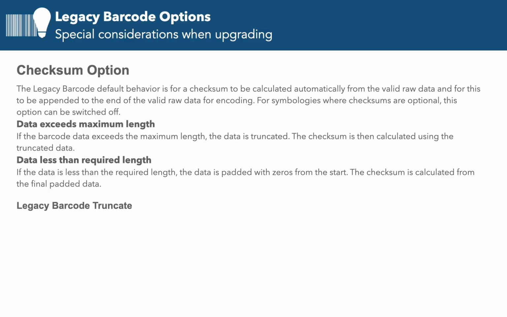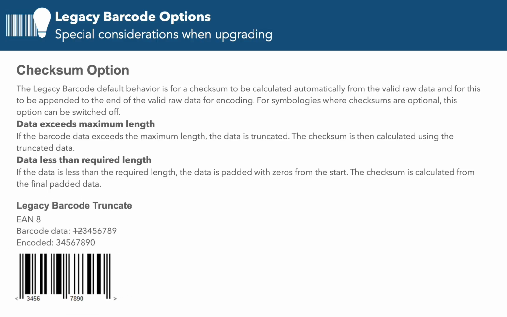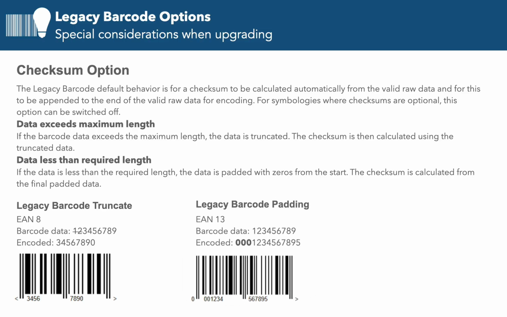Here you can see the legacy barcode EAN 8 automatically truncating the input data 12345678 to the valid 7-digit input 3456789, which is then encoded to 3456789. If we select the legacy EAN 13 barcode type, but only supply 9 digits, it automatically pads the input data with 3 leading zeros to achieve its required 12-digit input value and is encoded to 0001234567895.